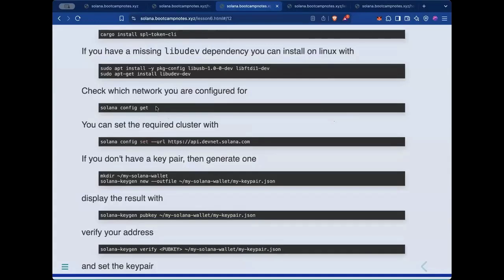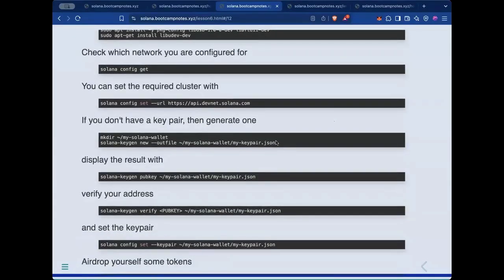And then we use the command line pretty much the same way that we've done it before. We can check the network that we are currently attached to. If we are not on the correct network, then we can set the particular network. So this is an example of setting our network to DevNet, but you could set it to whatever you want.